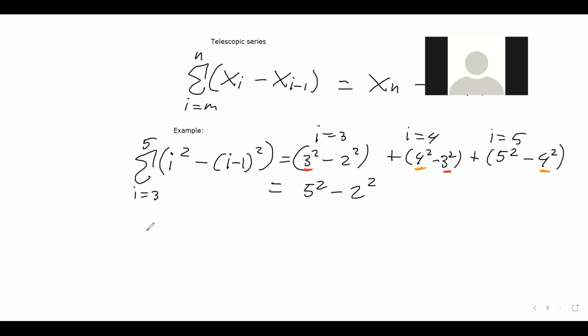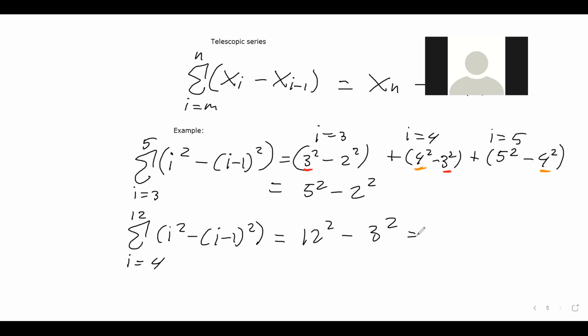Now I will show you the power of this rule. Because what, for example, if I make this a 4, and I'll make this a 12. Now it would be a lot of work to write out this whole series because there are a lot of numbers in between the 4 and the 12. But what will be the outcome? Would it be 12 squared minus 3 squared?